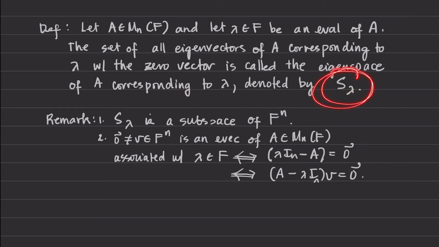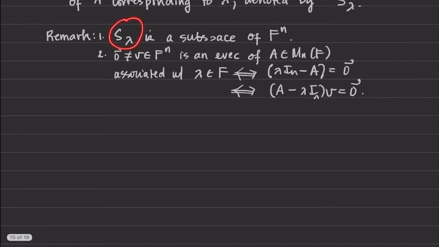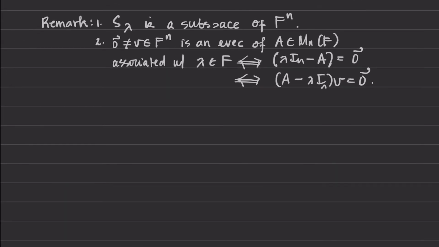So, set ito ng mga column vectors. Ang laman niyan, eigenvectors of A corresponding to lambda and the zero column. Ito yung ilan sa mga remarks natin. So, yung S lambda is a subspace of F to the N. So, ipuprove natin yon, kahit yung first part lang.